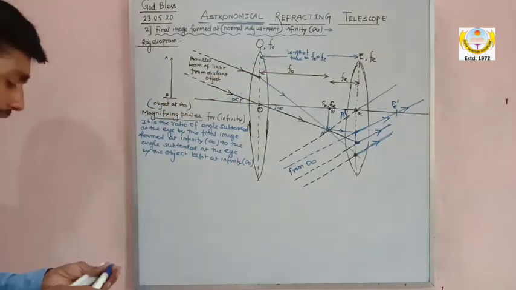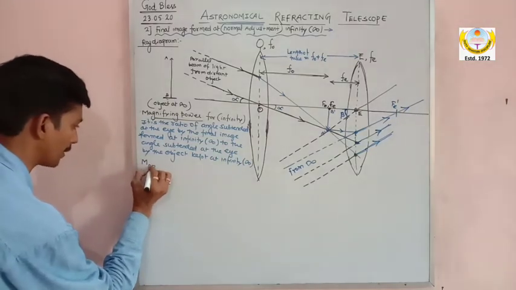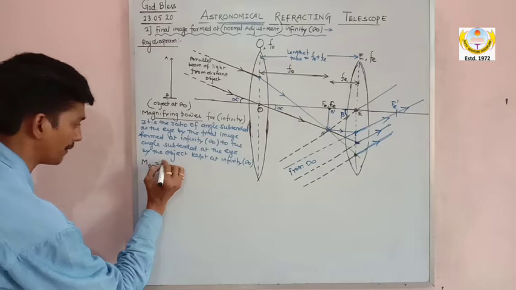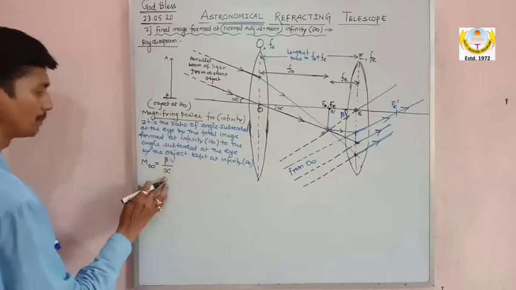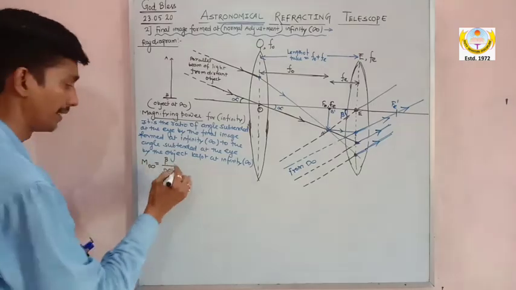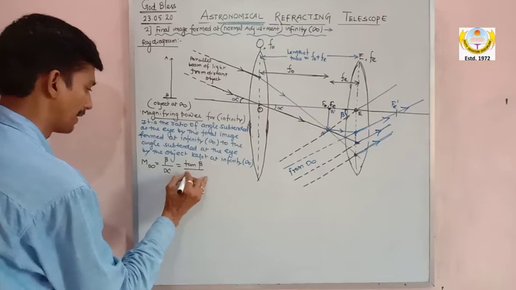Okay, so now my dear, here according to the definition, so what is m infinity? So m infinity, magnifying power at infinity, is angle by image, that is beta, to the angle by the object, that is alpha. Both are at infinity. Beta by alpha, this can be written as tan beta divided by tan alpha.